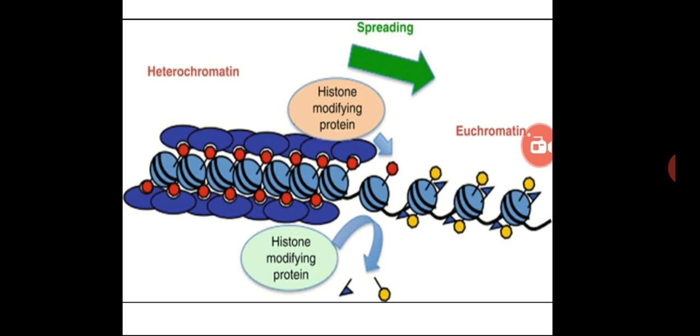So the first region is highly condensed, and the second region is loosely arranged. As usual, the highly condensed region takes a dark stain, and the loosely condensed region takes a light intensity of staining, right?